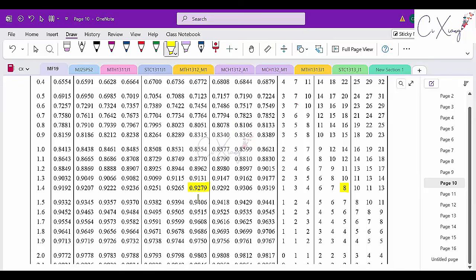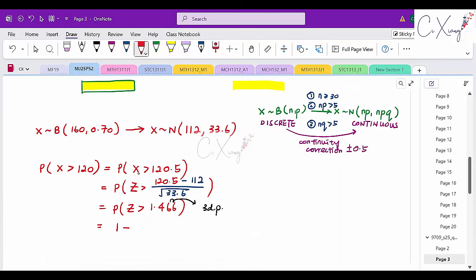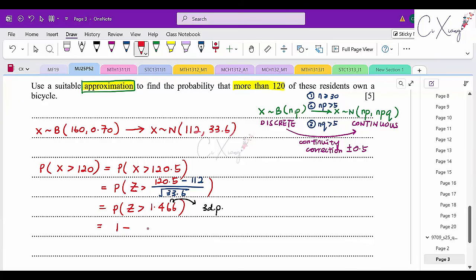So take 9279 plus 8, and you get 9287. So the probability in this step will be 0.9287. Then the answer should be 0.0713.